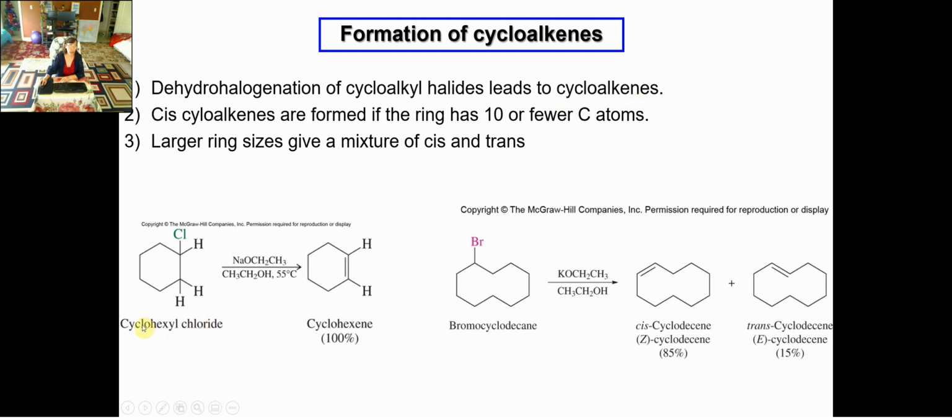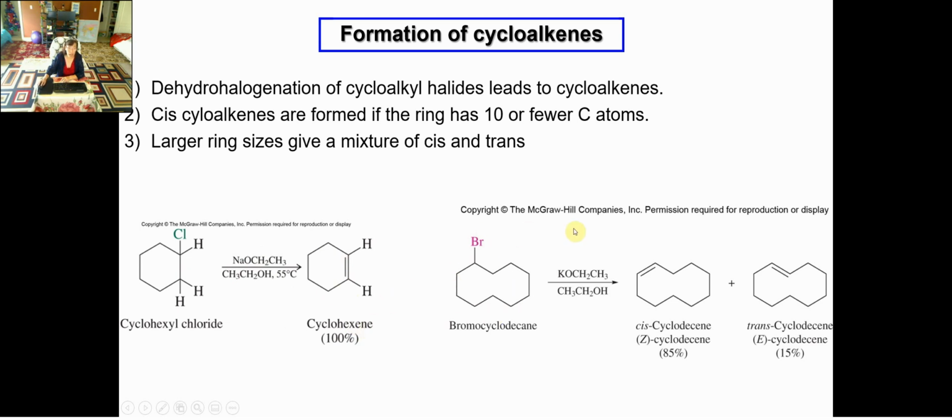For example, I have cyclohexyl chloride. The chloride and one of the beta hydrogens will be removed, and you form cyclohexene. This reaction occurs in a very strong base like sodium ethoxide in ethanol at 55 Celsius. It's a very good reaction, producing 100% cyclohexene.